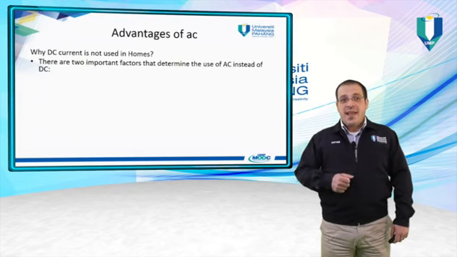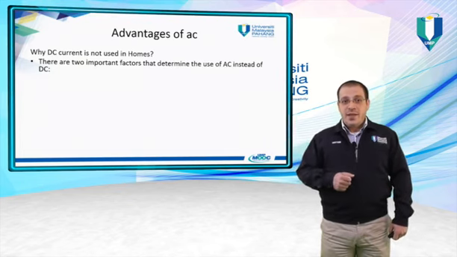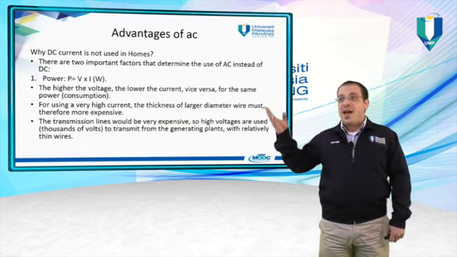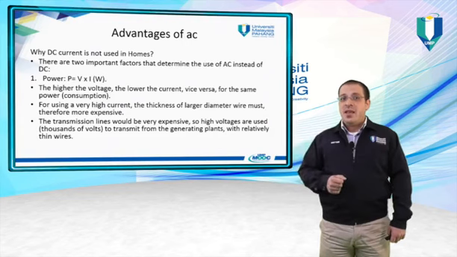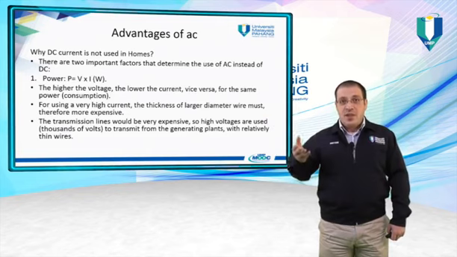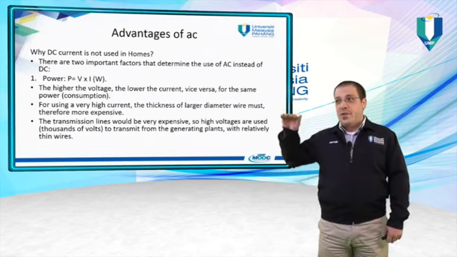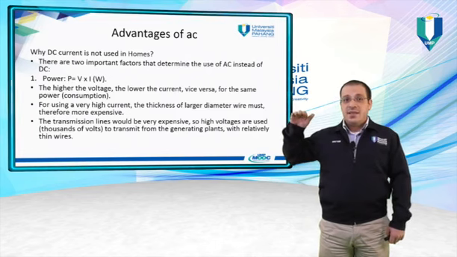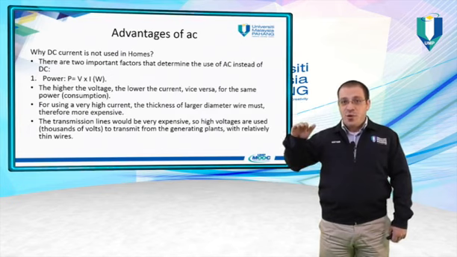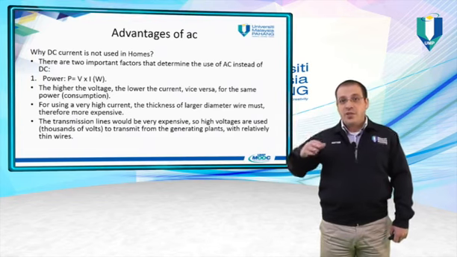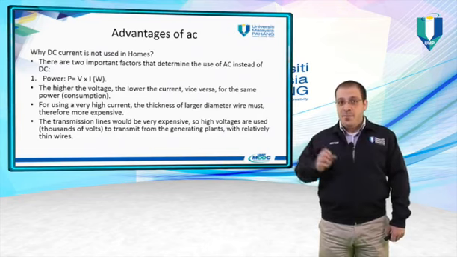The first one, if we look at the power: power equals V multiplied by I, and it's measured in watts. The higher the voltage, the lower the current, and vice versa, at the same power.